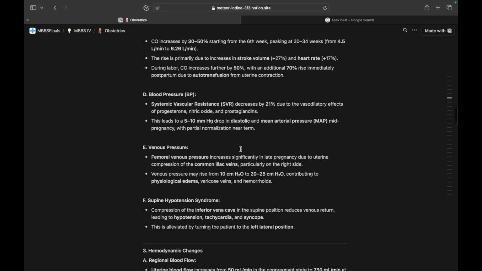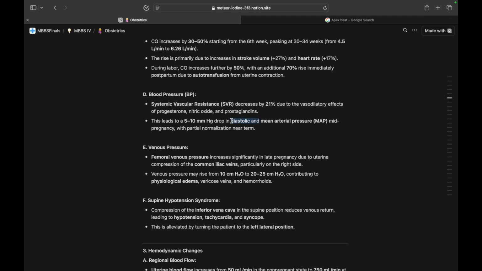Next, coming to blood pressure. Systemic vascular resistance decreases by 21% due to the vasodilatory effects of progesterone, nitric oxide and prostaglandins. So these are the mediators: progesterone, nitric oxide and prostaglandins. This leads to a 5 to 10 millimeters of mercury drop in diastolic and MAP.